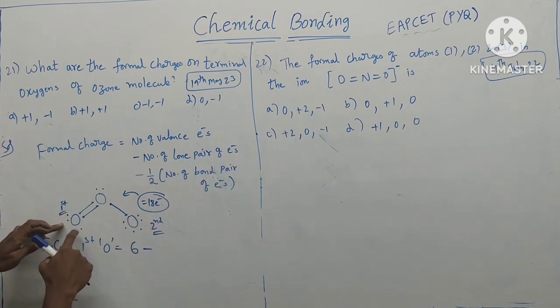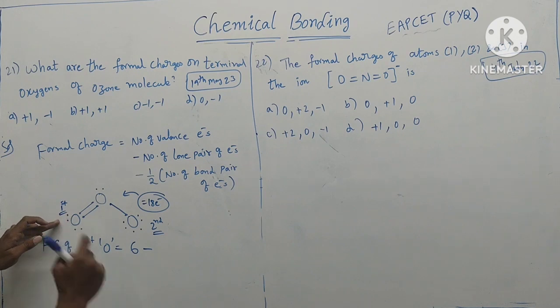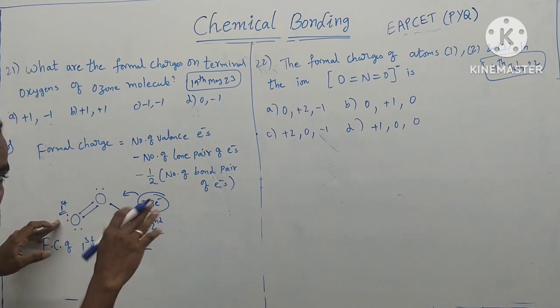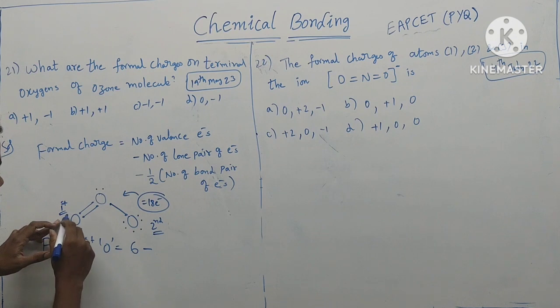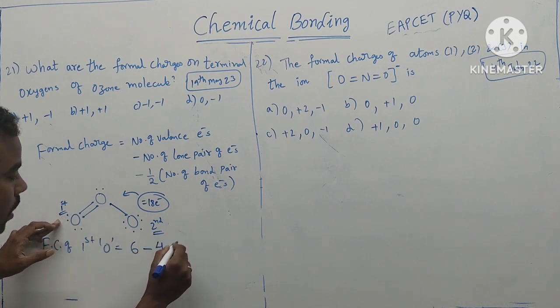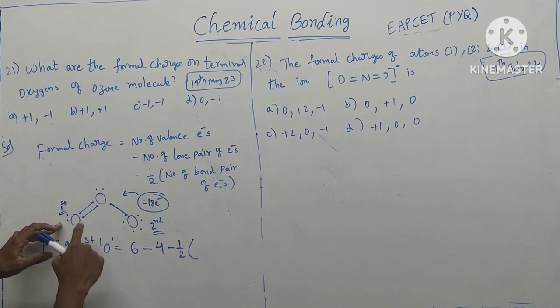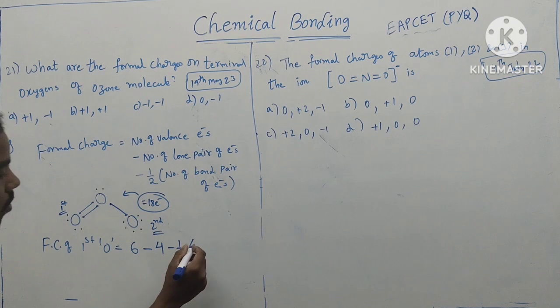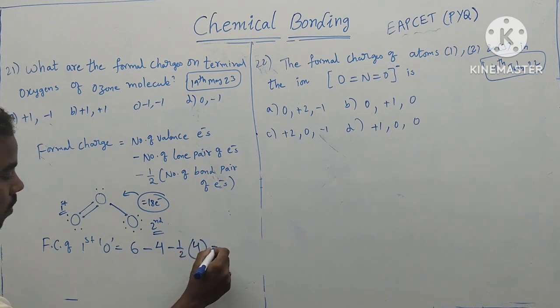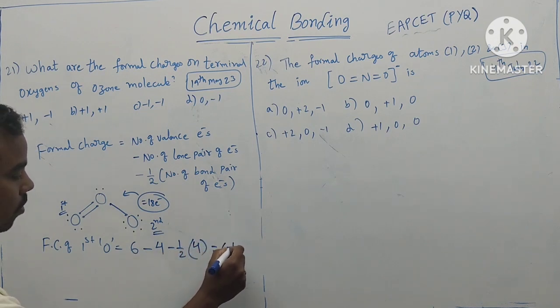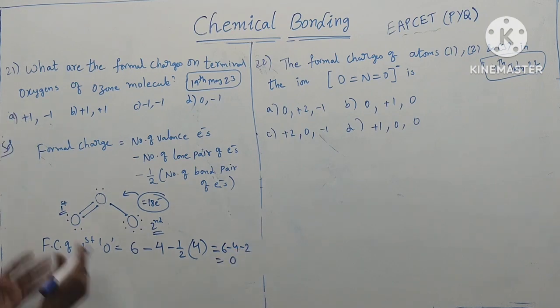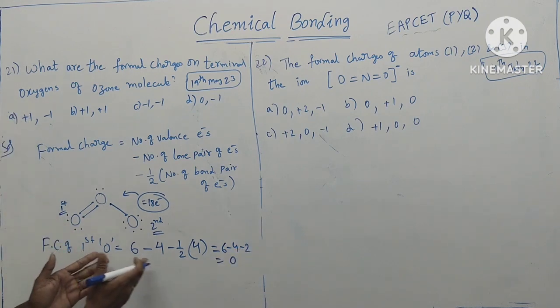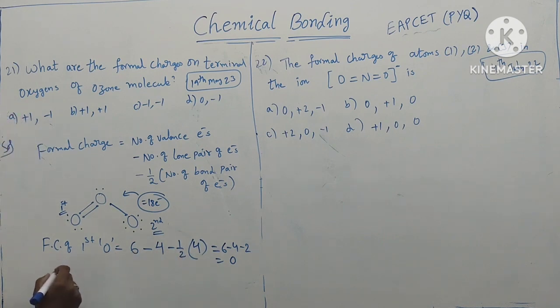How many are present? 1 2 3 4, so 4 electrons, minus half into the number of bond pair electrons, 2 bond pairs, that means 4 electrons. So 6 minus 4 minus 4 by 2, equals 6 minus 6, 0. So for the first oxygen atom, the formal charge is 0.